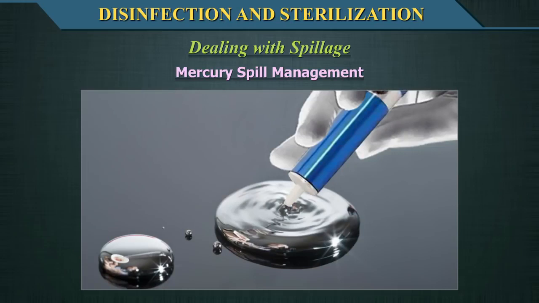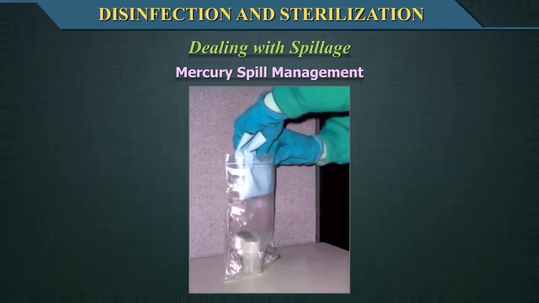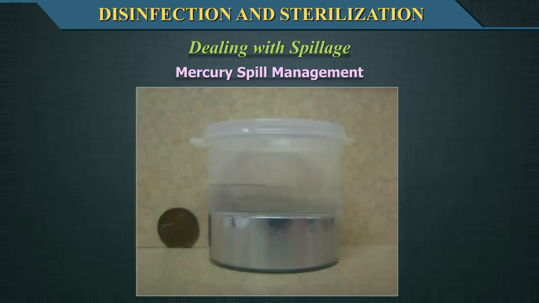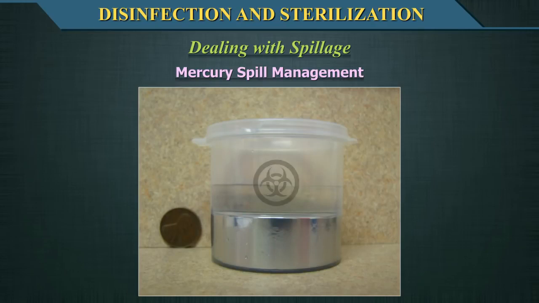Collect with an eyedropper or a syringe and carefully place it in a bottle containing water. Any remaining beads of mercury should be picked up with a sticky tape and placed in a plastic bag properly labeled. The bottle should be sealed with a tape labeled as hazardous waste and securely stored inside another plastic container awaiting final disposal to government-nominated or authorized mercury dealers.